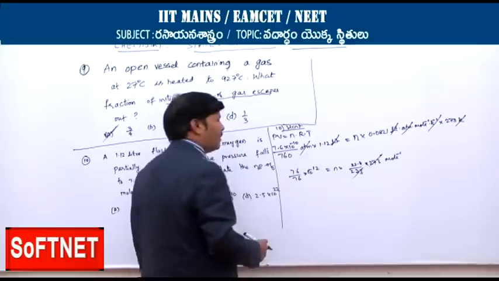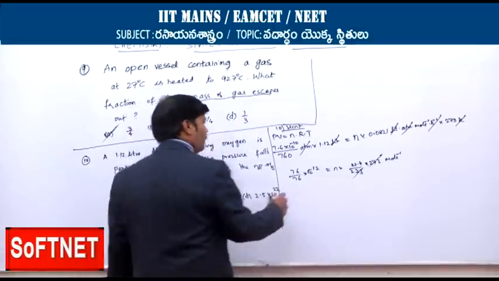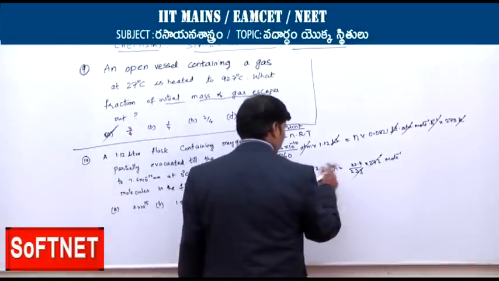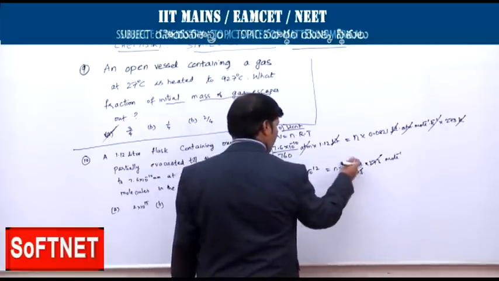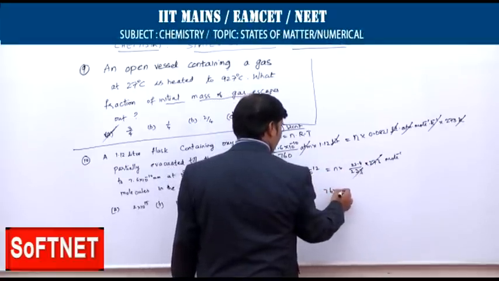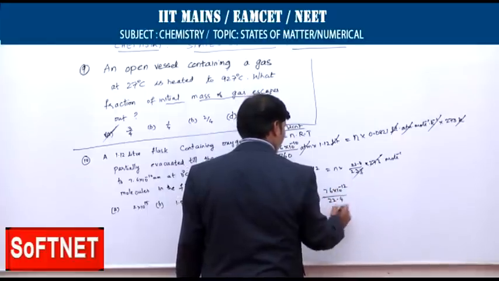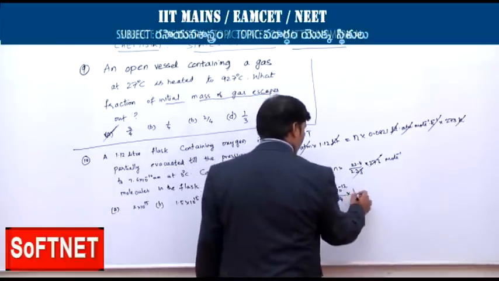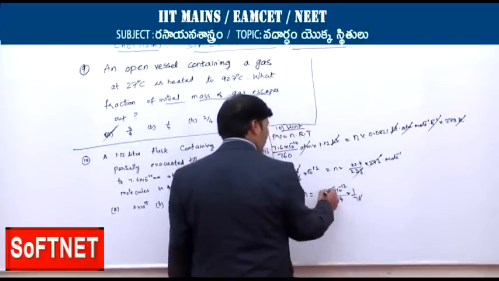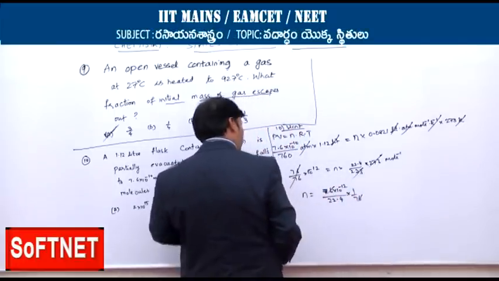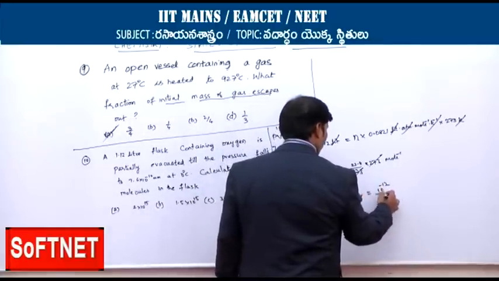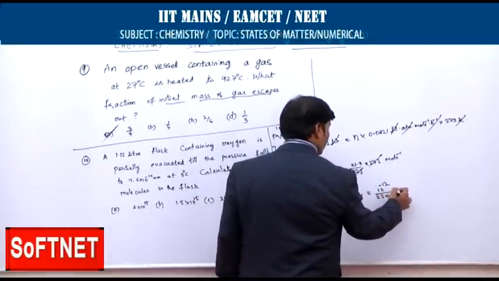273 also gets cancelled. So the number of moles, N, is equal to 76 into 10 to the power of minus 12 divided by 22.4 into 76, and 76 already gets cancelled. So this is going to become 10 to the power of minus 12 divided by 22.4 moles.